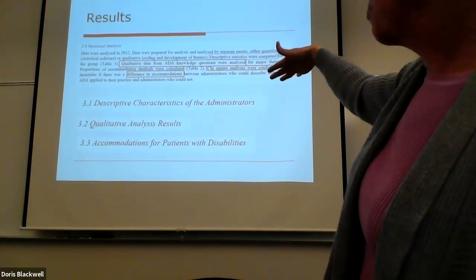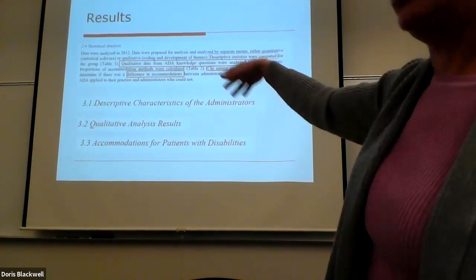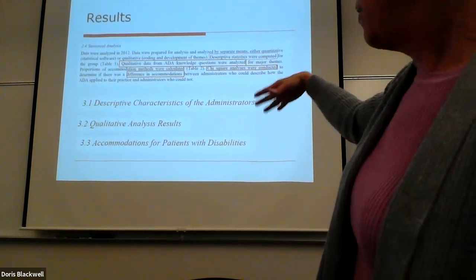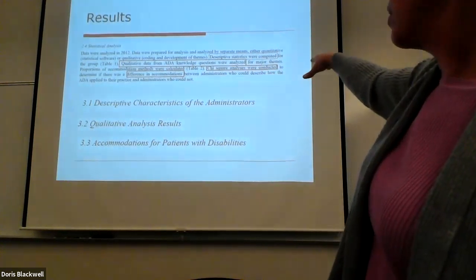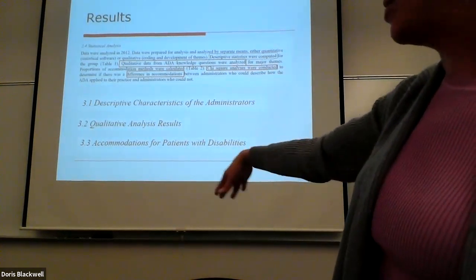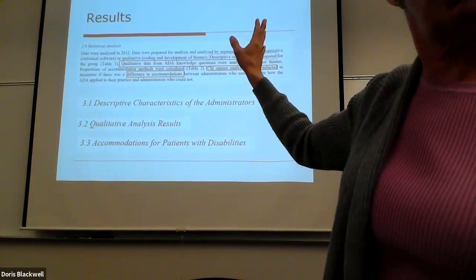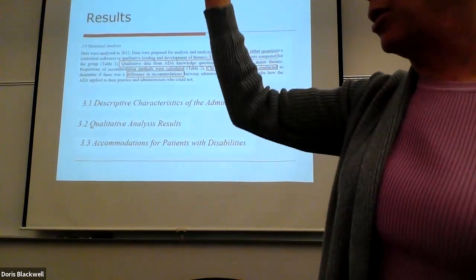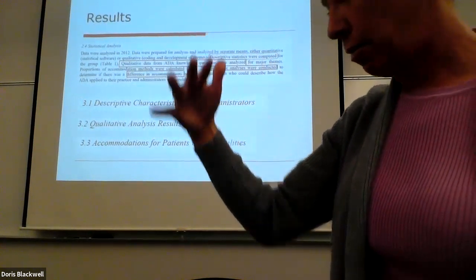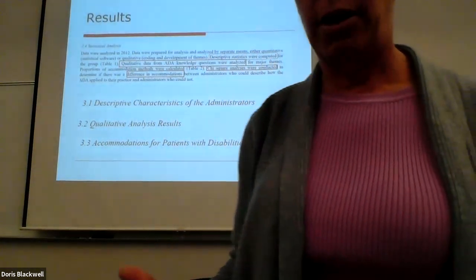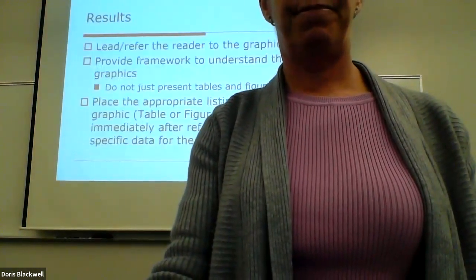Then the next part was the qualitative analysis, so the next section is the qualitative results. And then the next thing we did in our methods was the chi-square analysis to look at different accommodations, so the third subsection is accommodations for people. Just follow exactly what you did in your methods. The reader can go, okay, this is what you did for your analysis, and here are your results. Wow, that is clear and that makes sense.